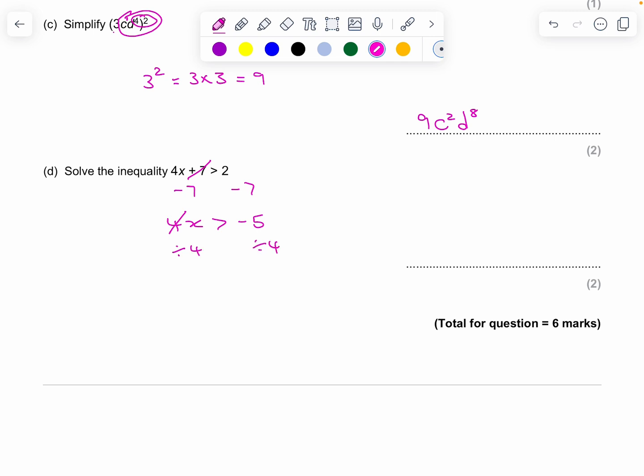And so we get x is greater than minus 5 over 4. You can leave it as a top-heavy fraction, or if you want, you can write it as greater than minus 1.25.